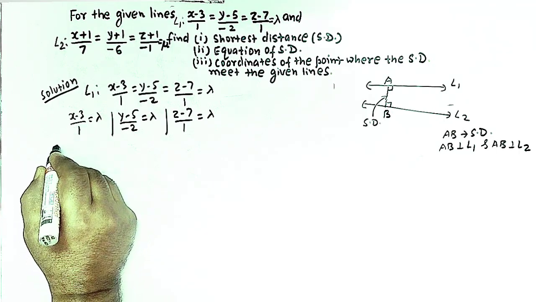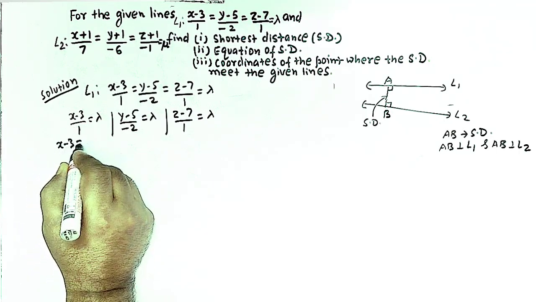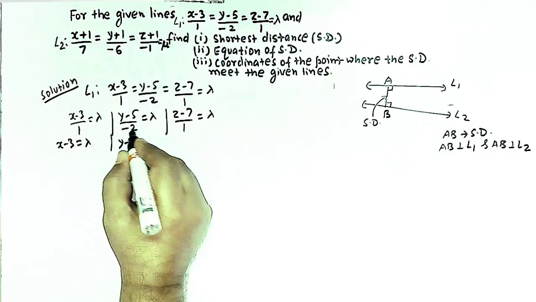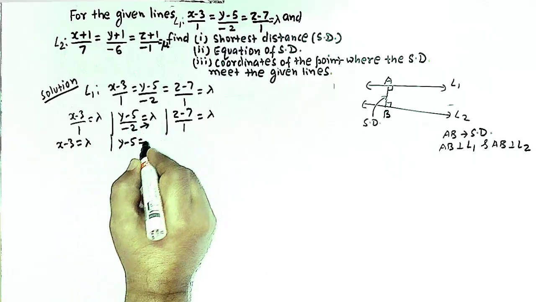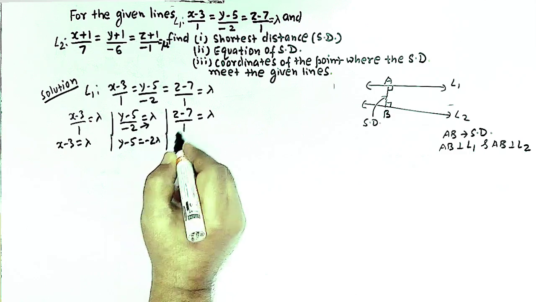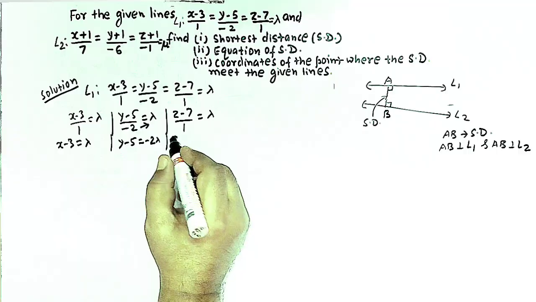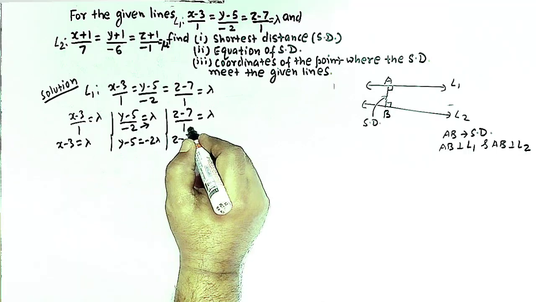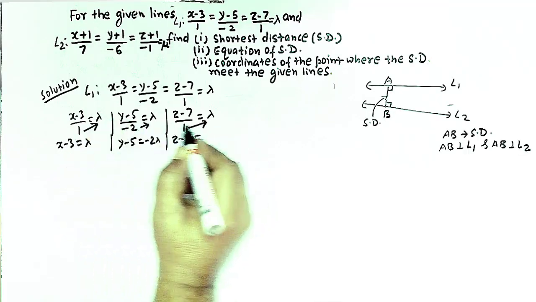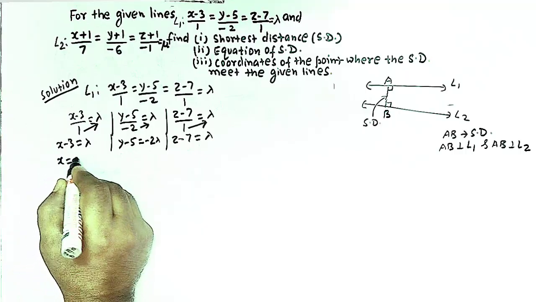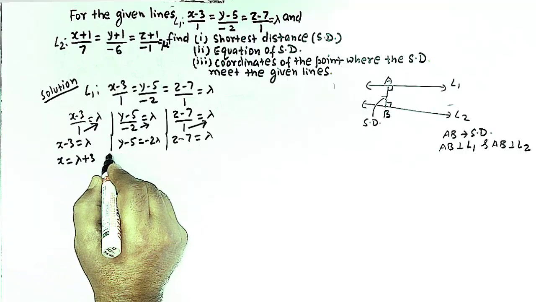So from here we have x - 3 = lambda. Then from here y - 5 = -2 lambda, and from here z - 7 = 1 times lambda, that is lambda. So from here we can write x = lambda + 3.